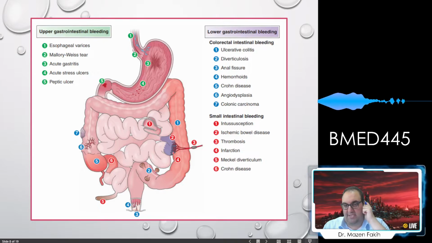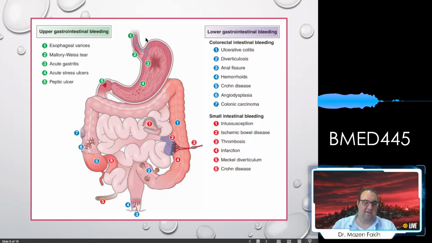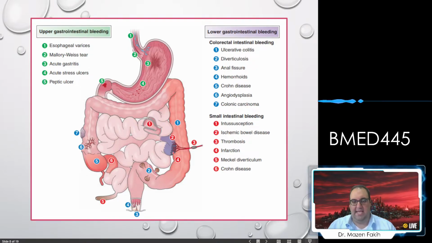When they get very large, sometimes a mechanical disruption can rupture one of these varices and they start to bleed. Mallory-Weiss tears usually happen secondary to severe vomiting, and we see them a lot in people who have bulimia. Bulimia is an eating disorder in which the patient eats a lot and then forces themselves to vomit.